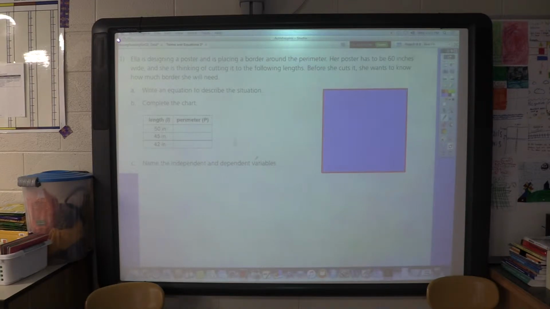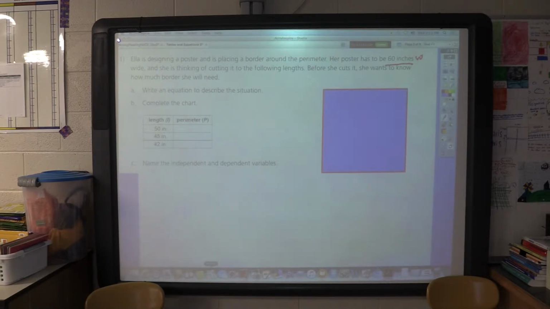Now, it tells us that we have to write an equation to describe the situation. Well, I know the formula for finding the perimeter of a rectangle, and these are going to be rectangles. I had a student in my first period class ask, was this supposed to be a rectangle or a square? Well, it tells us that her poster has to be 60 inches wide, and I'm going to put a W up there for wide, and her lengths are going to be 50 inches long, 45 inches long, 42 inches long.